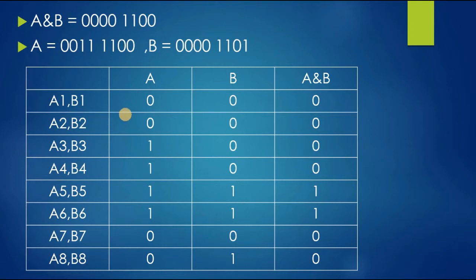Now let's consider how we got the numbers here. For A1, we got the first value as 0, and for B1 the value is 0. From these numbers, we got the A1 and B1 values. For A2, the first value is 0, and the B2 value is 0. Like that, we got the values up to A8 and B8.